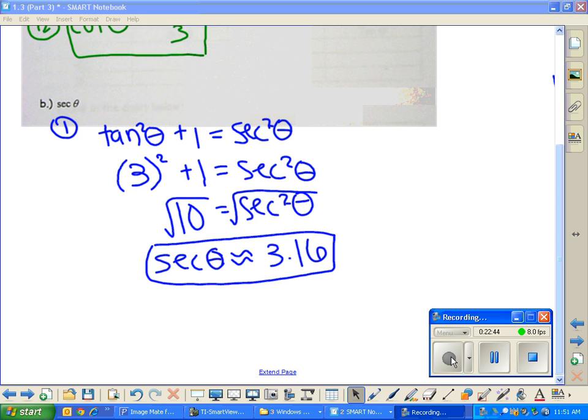Quizzes. Oh, we're almost done with 1-3, right? We're like at the end of the packet. I said this to my other class, so I thought it was fair. If we're getting close to the end of this, I told you that we're having a test on 1-1, 1-2, and 1-3. So we're almost done with 1-3. So next week, I think next Friday is the notebook check, and then like the following week will be your test. So just to give you a heads up, if you want to start filling in things you didn't fill in, that'd be probably wise now because a week from today is what it's looking like.